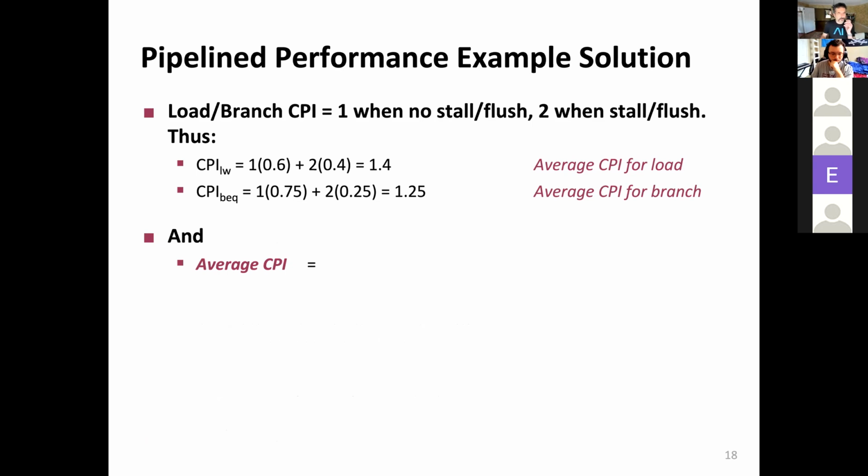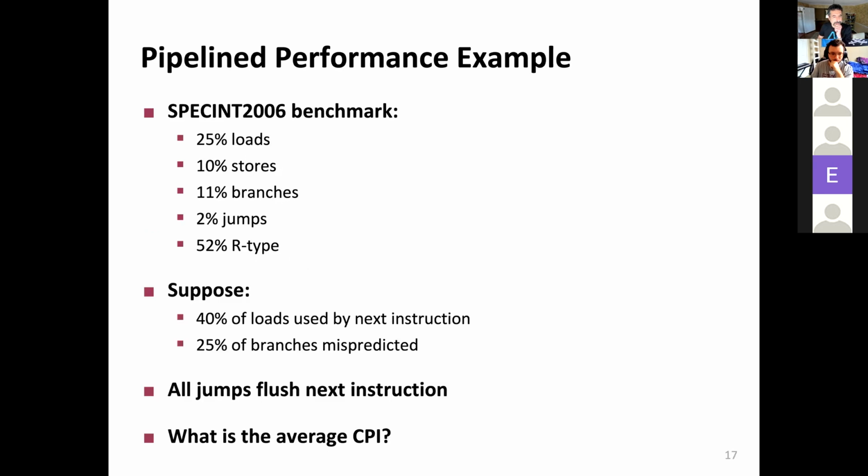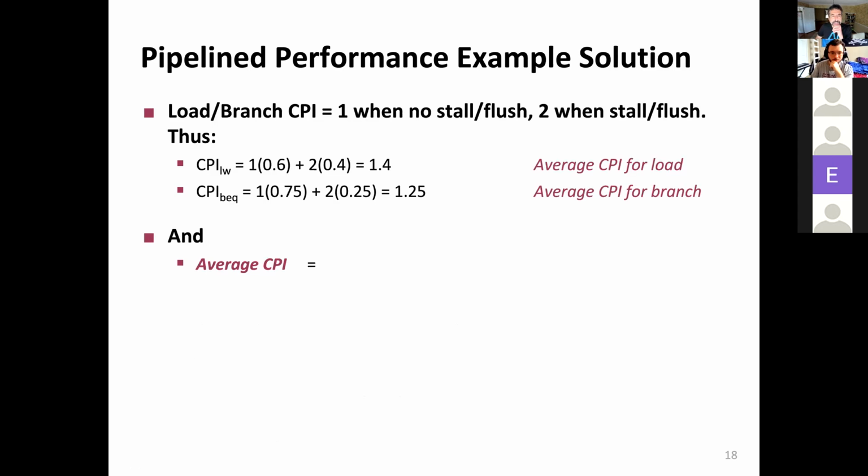And let's quickly go through this, given this assumption that we have. Again, this is important, right? This assumption, right? 20% of the branches is mispredicted, and 40% of the loads are used by the next instruction, right?